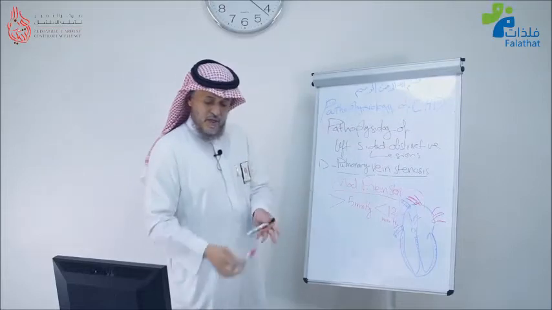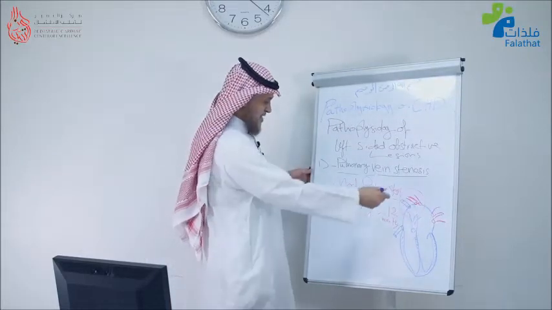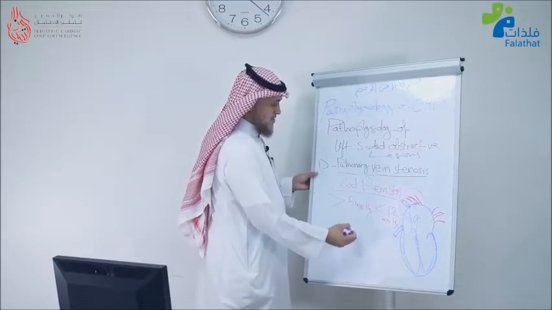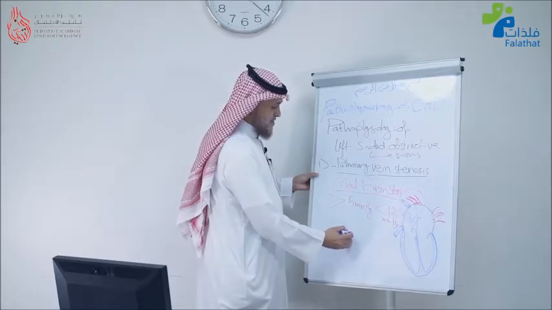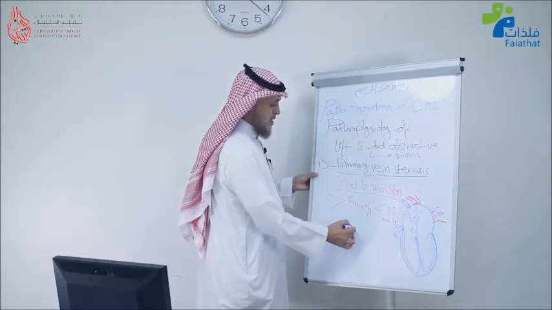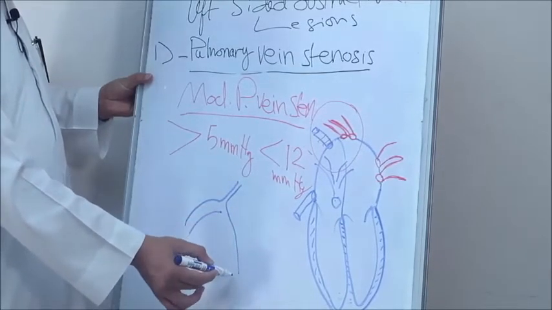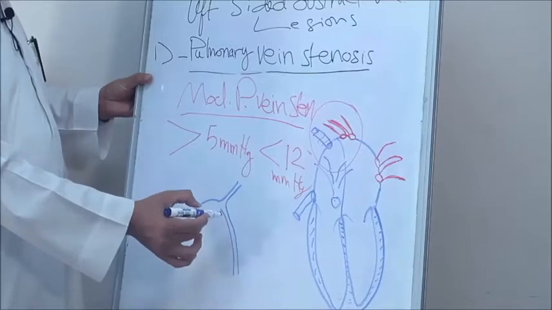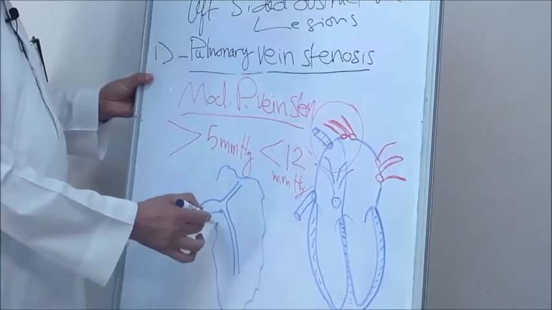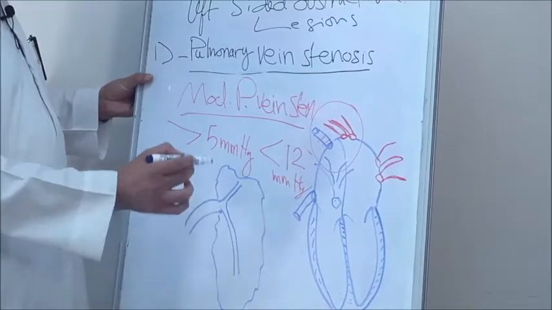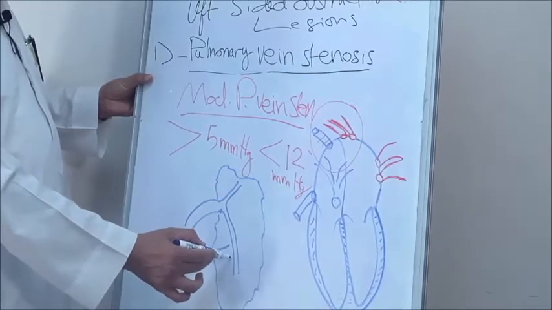Let's apply the same that we talked about before. Just for simplicity, we talked about the right lung, let's talk now about the left lung. This is the left pulmonary artery, left upper branch, left lower, the left lung, and these are the left veins coming out.